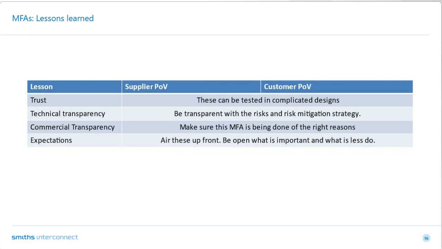Again, technical transparency. It's really important that the understanding of what can be gained by putting a multifunction assembly together, and the electrical performance and mechanical performance incremental gains, are understood at the end user level. And as far as commercial transparency, obviously it's got to be a win-win for both sides. With a multifunction assembly, you're not going to do this for a 10-piece quantity.